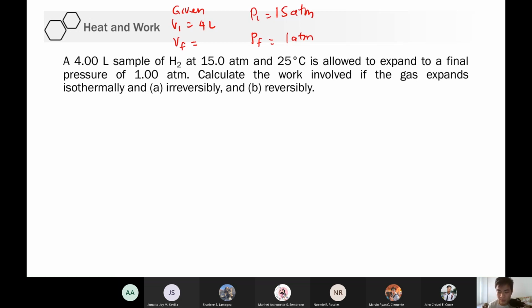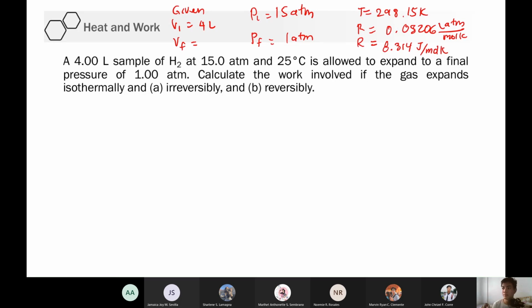Pressure, volume, temperature, 298.15 Kelvin. Then, of course, yung R natin, yung dalawang R. Okay? So, yan. Ang problema natin yung V final eh.